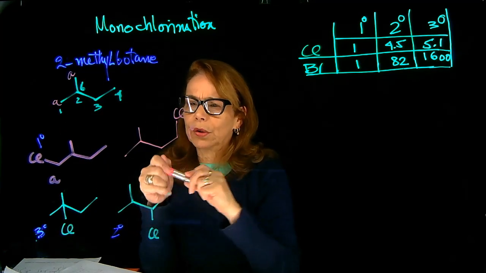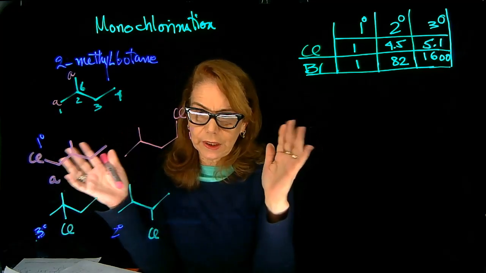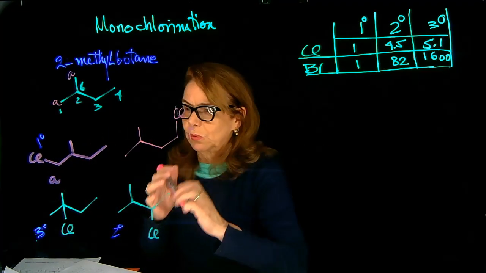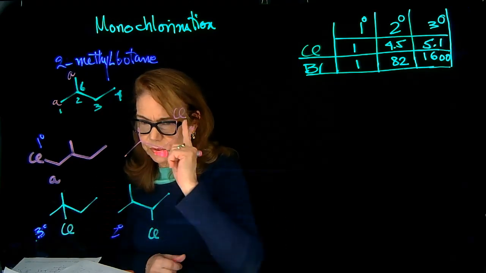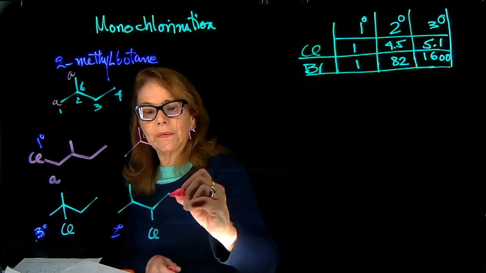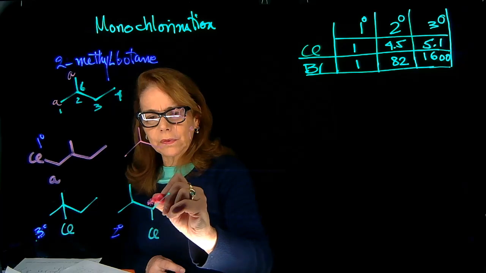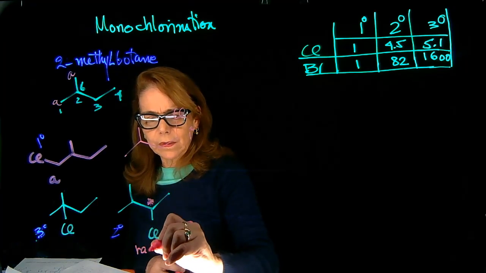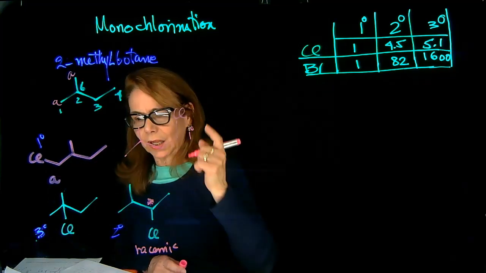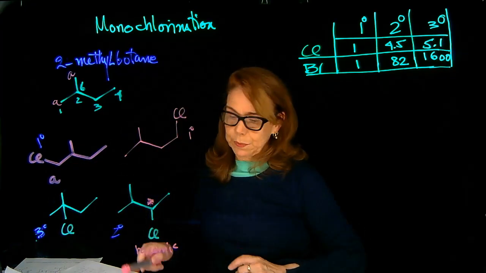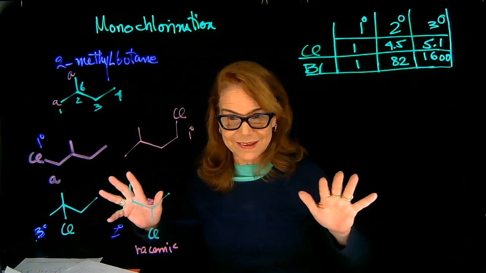So total products, we have 4 possible products. Analyzing stereochemistry, that's not a chiral center, so it's only 1. Here you have a chiral center, so this will be a racemic product. This is not a chiral center. So we will have 5 products overall when taking stereochemistry into account.